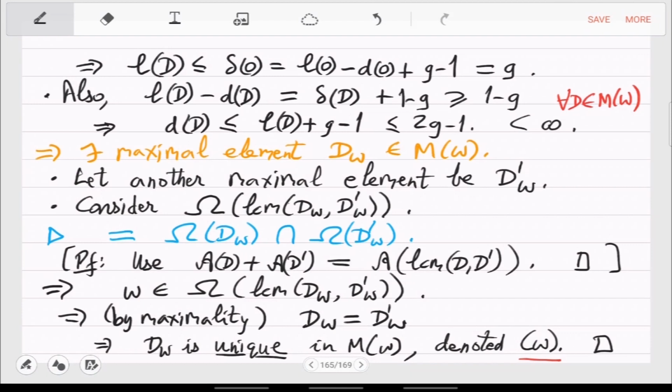So once it increases, the LCM will be strictly bigger than both chains, the d omega chain and the d prime omega chain, which will contradict the maximality of d omega. So it is just contradicting maximality of d omega if it's not equal. Fine? Okay.